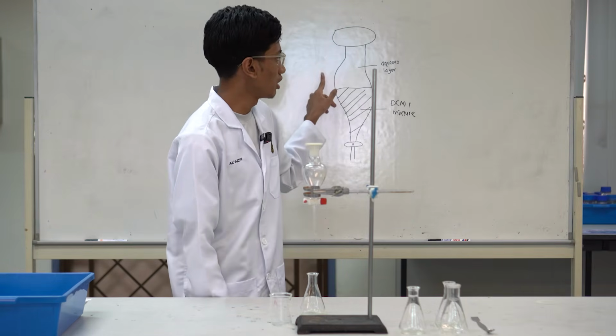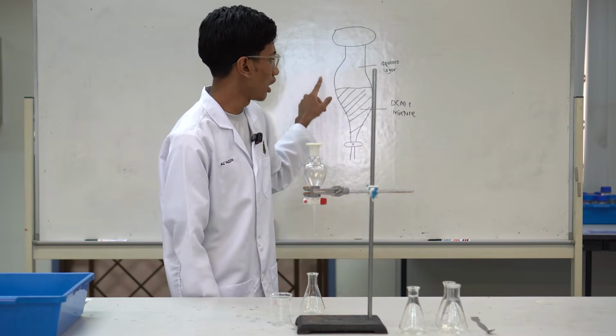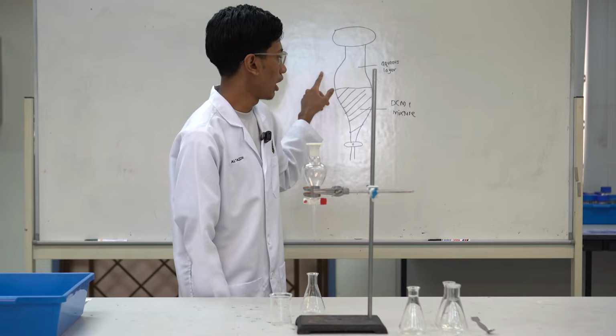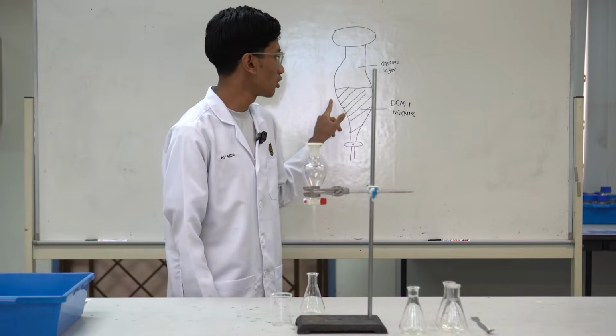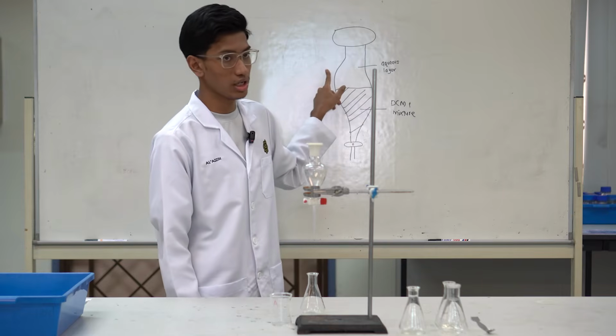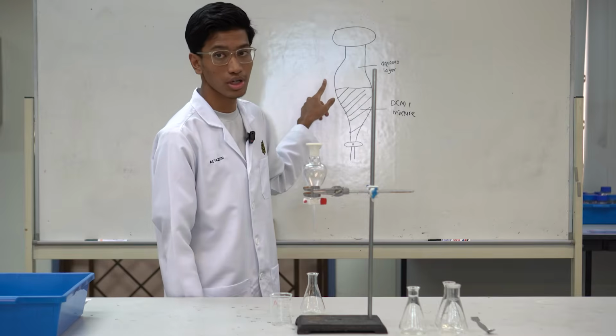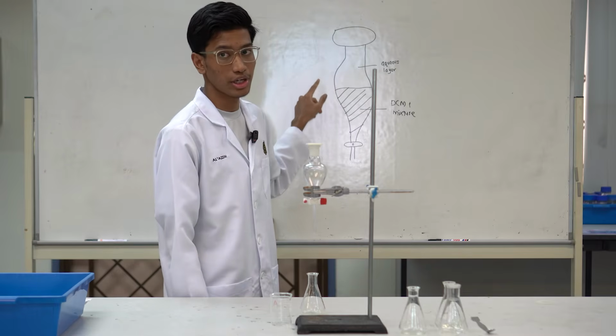After we add NaOH into the separation funnel, the aqueous layer will be produced and the acid in the DCM will go to the aqueous layer, because the aqueous layer is an ionic solvent that reacts with the ionic compound that is produced, which is the NaOH reacting with the acid.